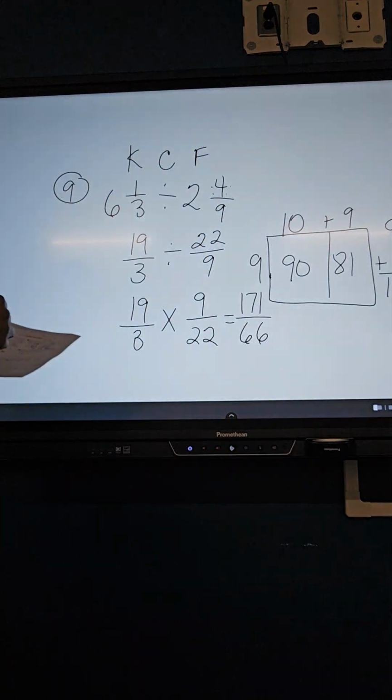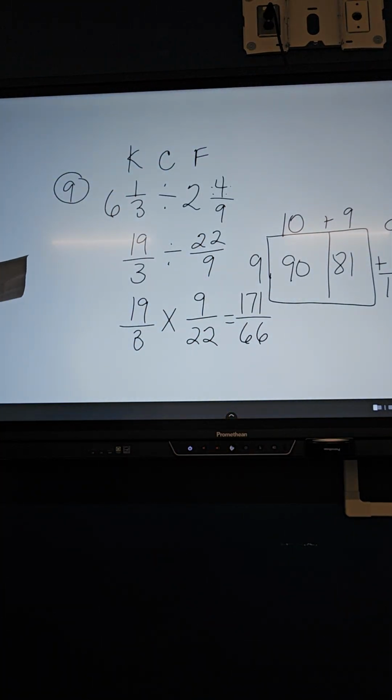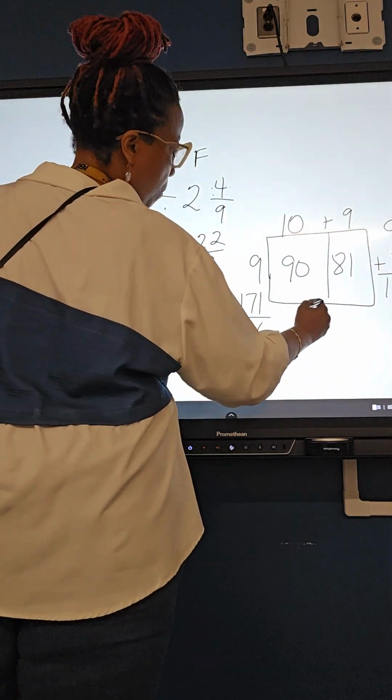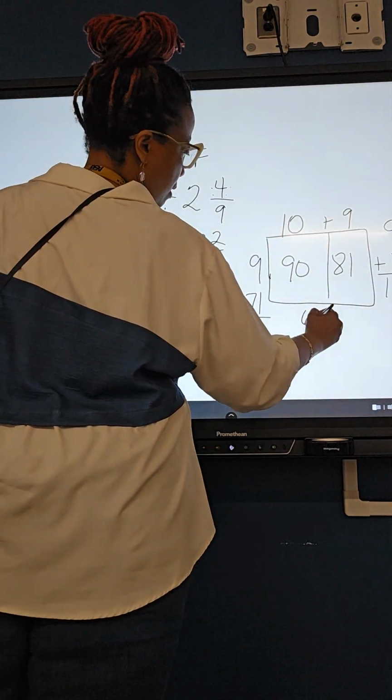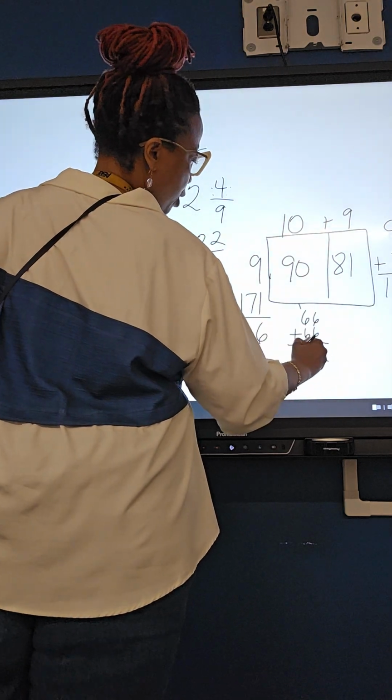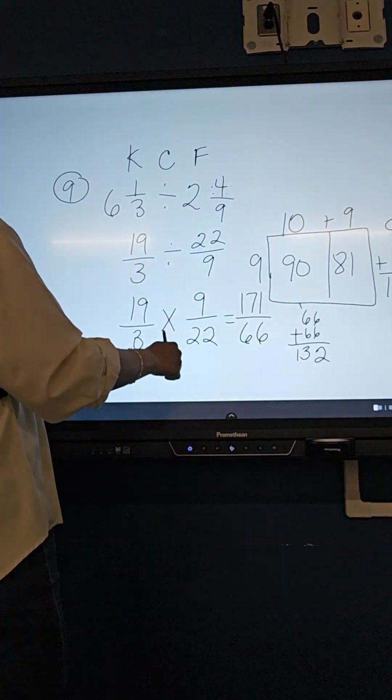So 171 over 66. And again, I don't think you need to change it to a mixed number, but if you do, you can divide and think about 66 plus 66 is 132. 132 is going to get you as close to 171 as possible.